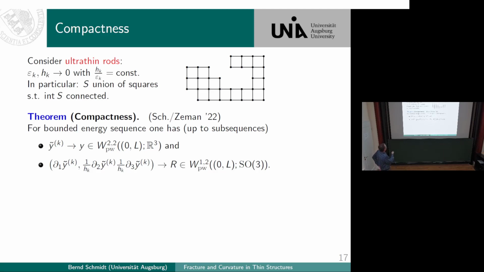And again, if you look at this gradient and this rescaled gradient, so you have to rescale in the small film direction, in the small rod direction, then you end up with a rotation matrix here, saying basically that you're ending up with a limiting theory for an inextensible rod. It's like an orthonormal frame.